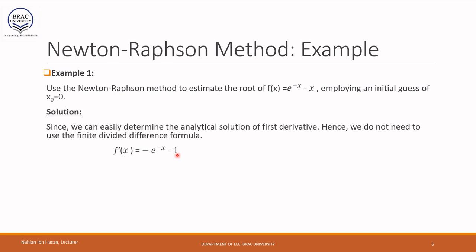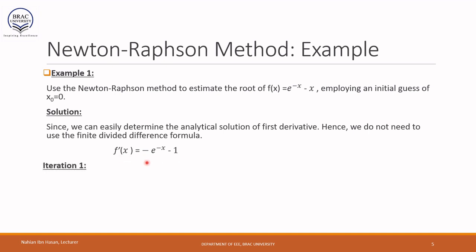But since we can calculate the true derivative formula with this example, we are going to use that. So for this case, we do not need to use the finite divided difference formula. But whenever you encounter any equation which cannot be differentiated so easily using analytical forms, we have to use the finite divided difference formulas. So for now, we stick to the analytical approach.